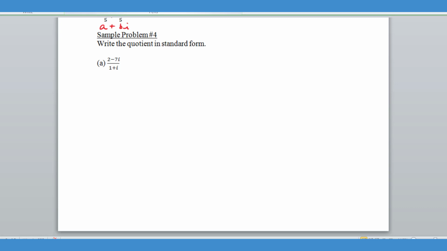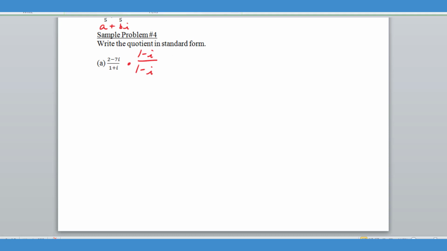Okay, so let's see what we did here. We're going to multiply by 1 minus i, the conjugate of the denominator, and so that we don't change the value of the fraction, we have to do that on top as well. That's rationalizing the denominator. We're basically multiplying this fraction by a form of 1 so that it does not change the value.